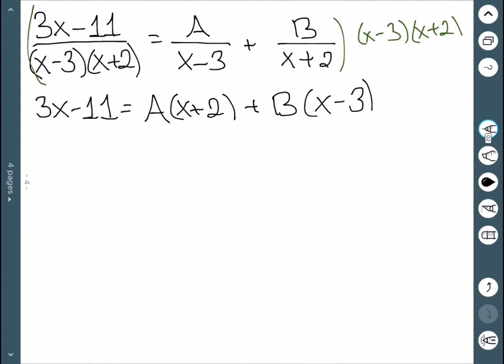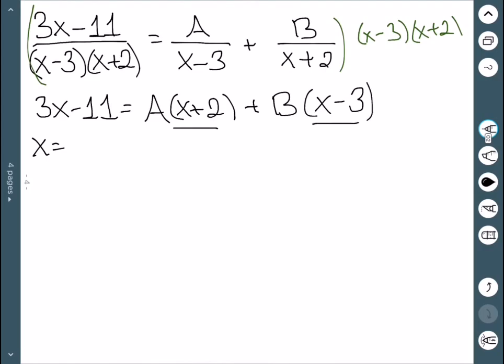The idea now is that we need to solve for a and b. One of the ways to do that is to realize that this equation should be true no matter what values I stick in for x. So we can choose some good values for x and then figure out what a and b need to be. Ultimately, you can pick any values for x to try to find a and b. However, the most helpful ones are ones that make these terms 0.